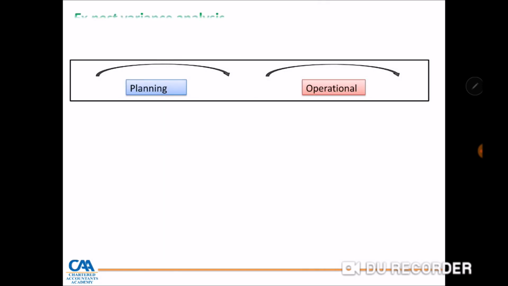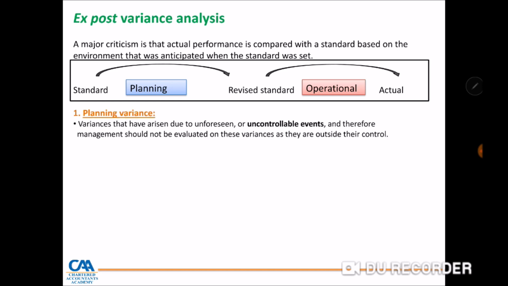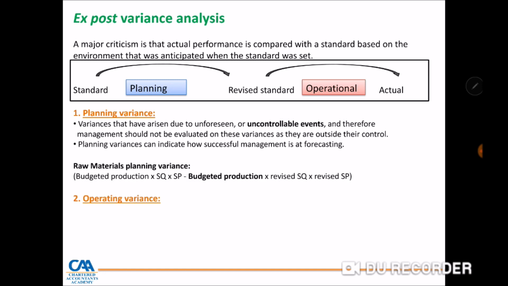Another concept that I want to discuss with you is around ex post variances. Whenever we are doing variance analysis, we are comparing actual performance with a standard based on an environment that was anticipated when the standard was set.